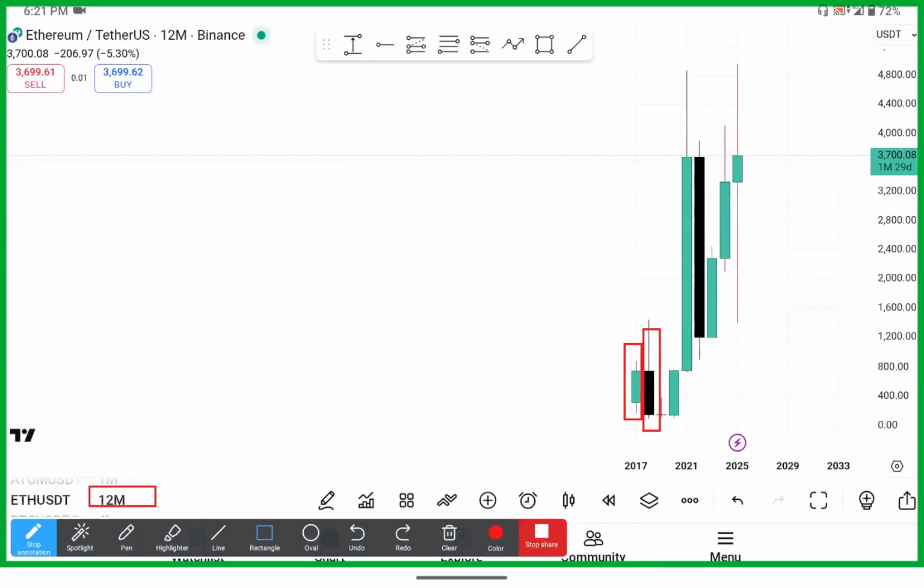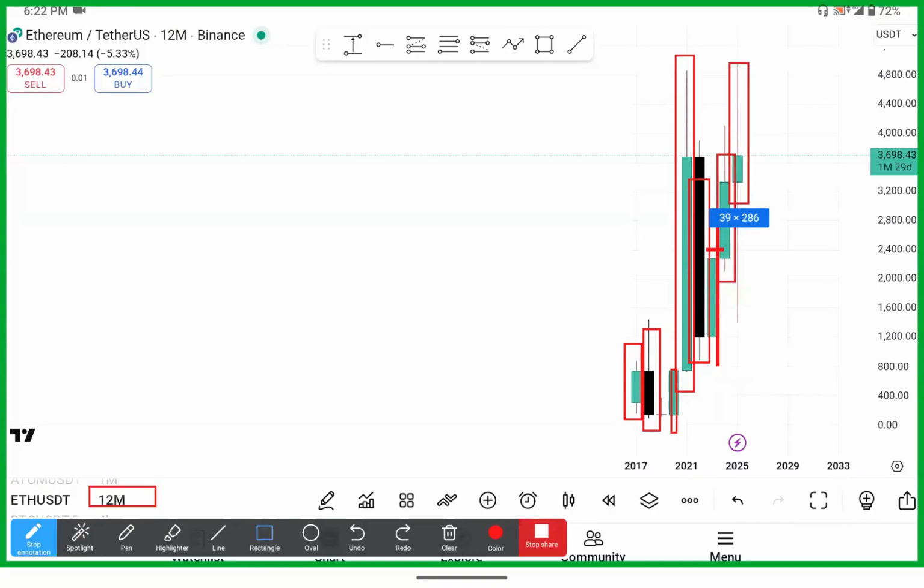Then the fourth year, sorry, my digital pen had failed to draw, that's why I've been struggling. The fourth year it was bullish, the fifth year it was bullish. Now this is what they tell you: the bear season came in. This was a bearish year. Then the next year it was bullish.